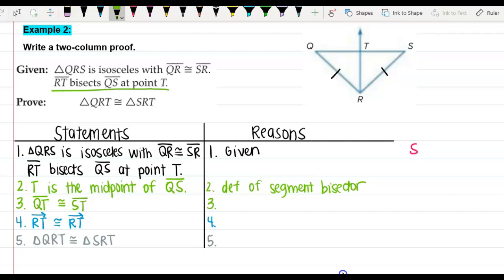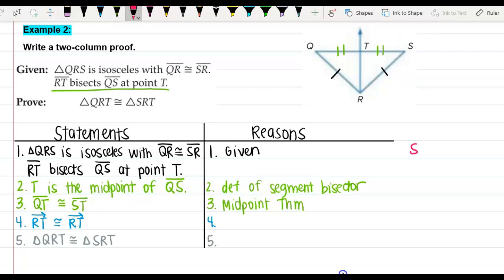Okay, and then we had QT is congruent to ST. We have that congruent statement, so we can go ahead and mark those. And we know that those are congruent because we've established that T is the midpoint. Okay, so I'm going to use midpoint theorem, or if you put definition of midpoint, that would work as well.